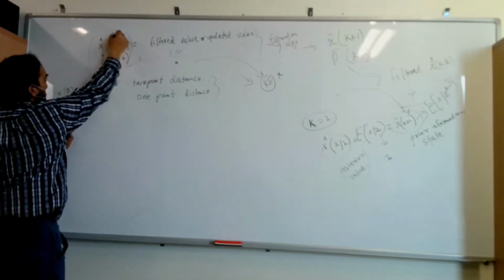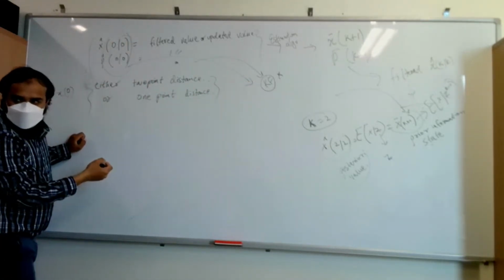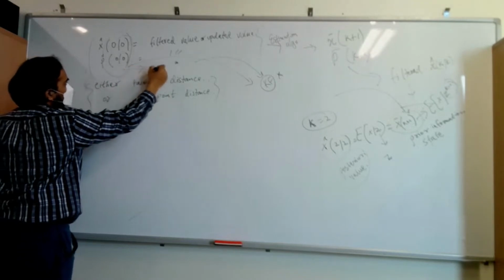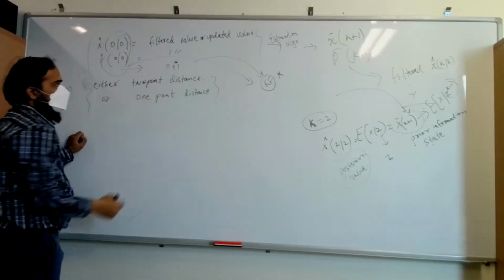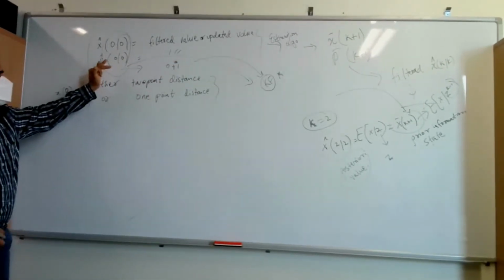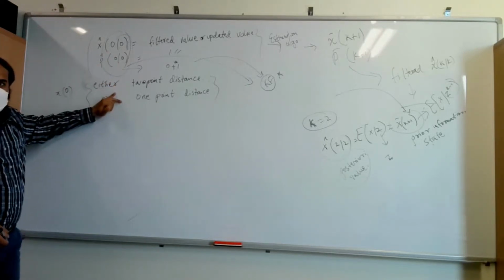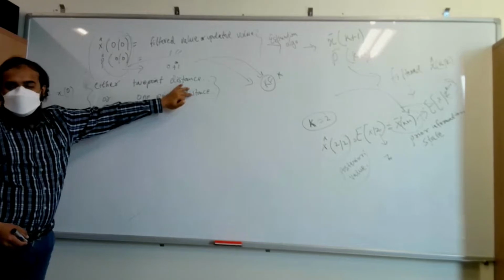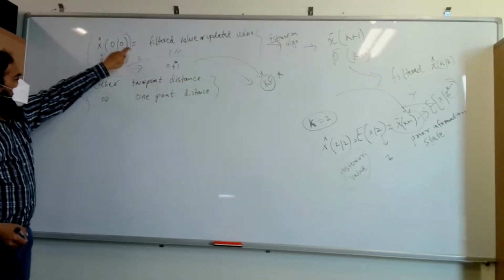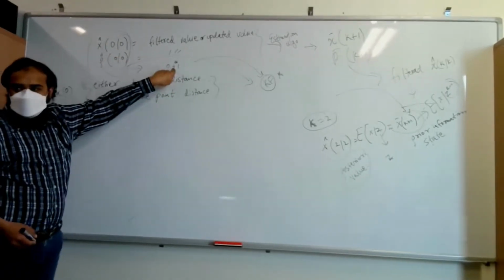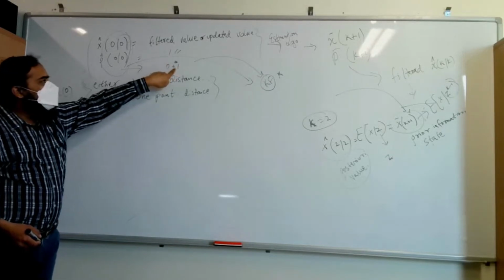So this notation will be converted like 0 plus 1, because we are sending this information from current scan to the next scan. Now the notation is changed. This information is the current scan.